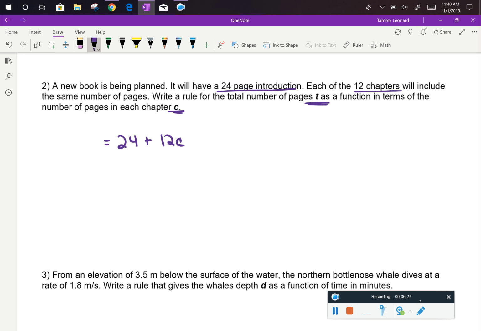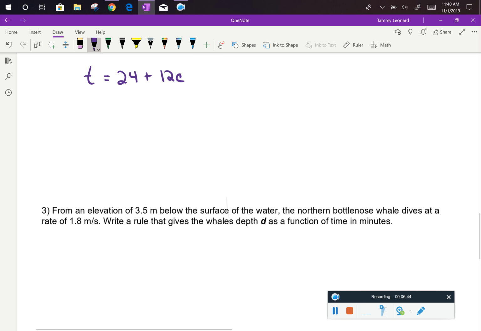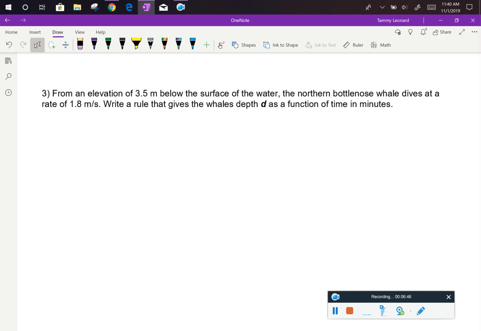We're given a definition of a variable as T, so the total number of pages is equal to 24 plus 12C. This one we're not writing in function notation because they gave us a variable to represent the y value of the function. Our last problem is number 3.